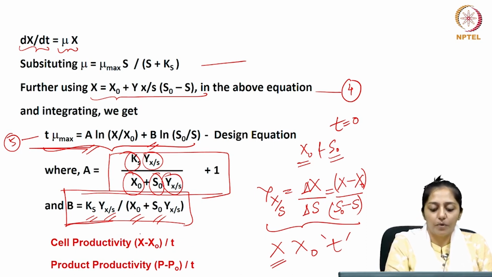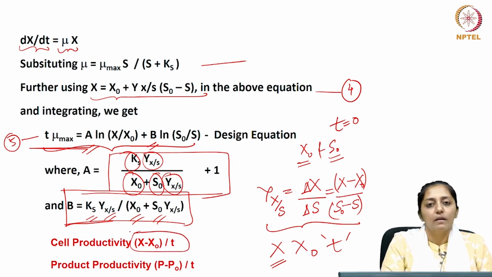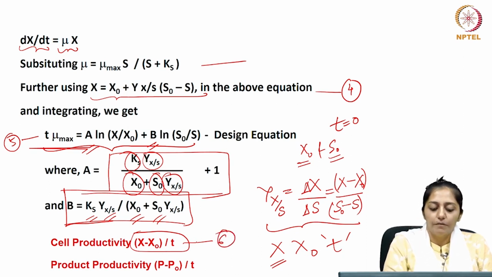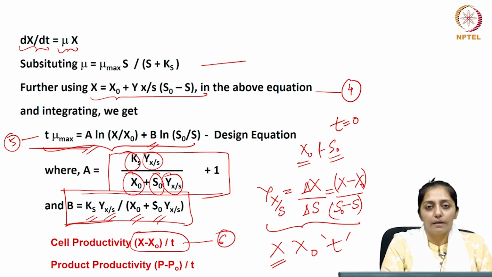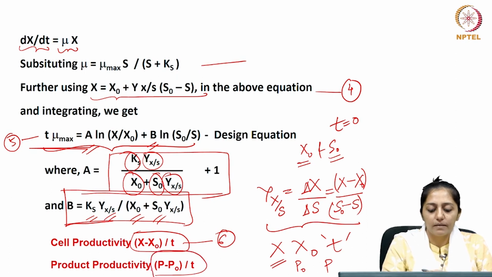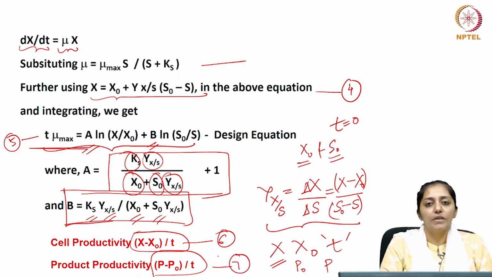So, the volumetric productivity is given as X minus X naught by t, as shown in this equation. Similarly for product productivity, if P naught was the initial product concentration at time t equals 0 and P is the final product concentration after batch time t, then the product productivity can be given as the amount of product produced during the batch per unit time, as shown in equation 7.